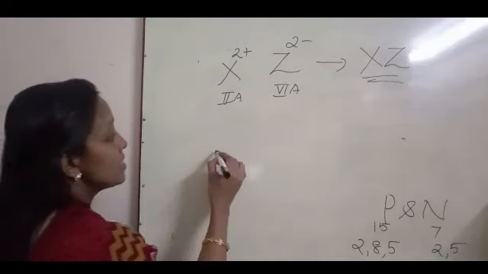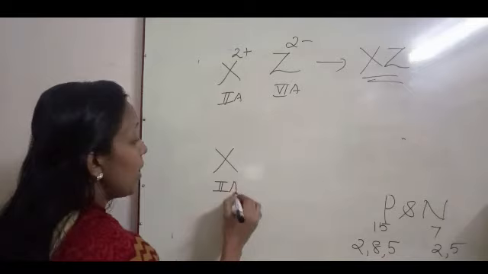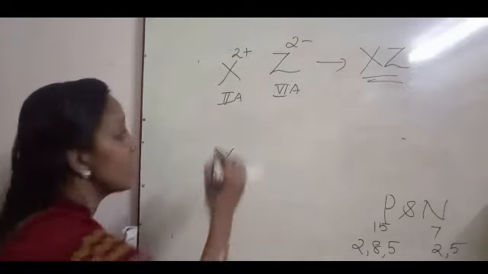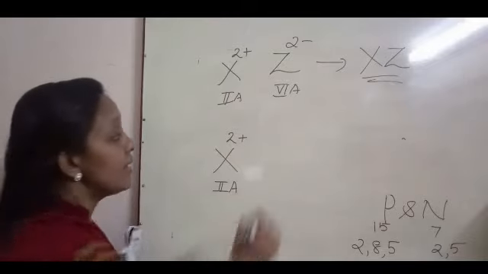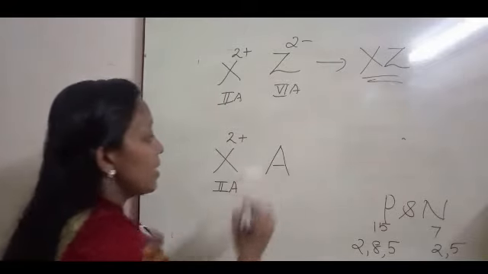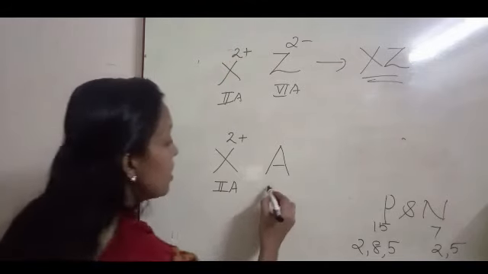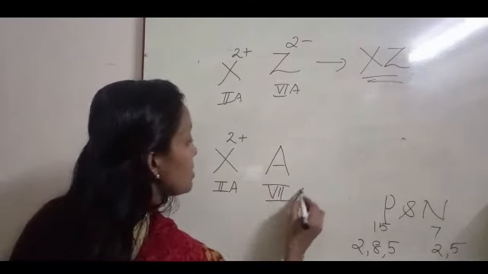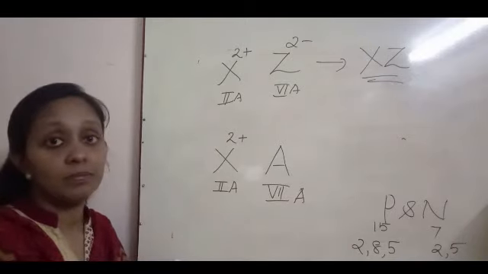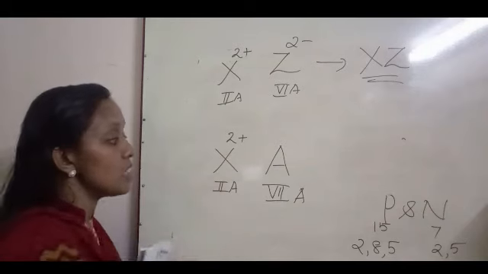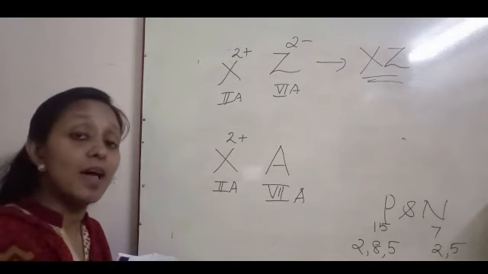Now moving on to the last one. X is the element belonging to group number 2A, its valency is 2 plus, and let A be the element which belongs to group number 7A. If it is a member of group number 7A, what will be its valency?